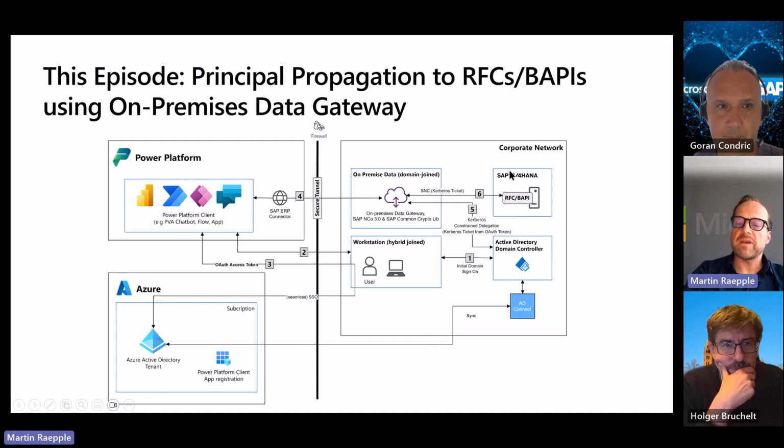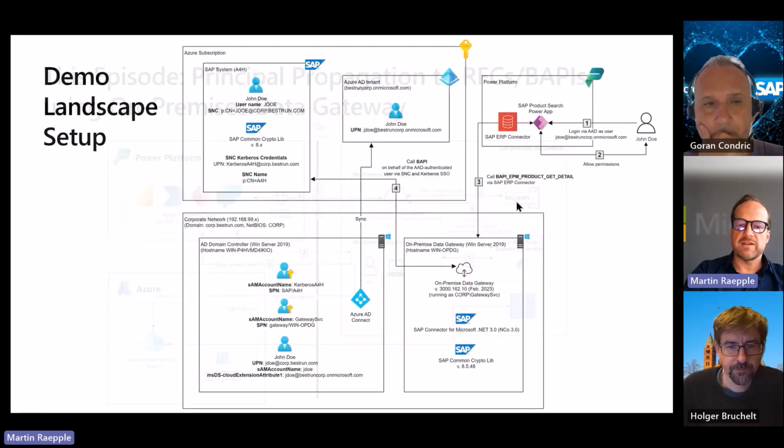So an SNC mapping is also required, as it is for regular SAP GUI single sign-on, where you also need to maintain those mappings in the user maintenance of the users in the backend system. I will take a look at that in a second. Now let's jump to the demo.